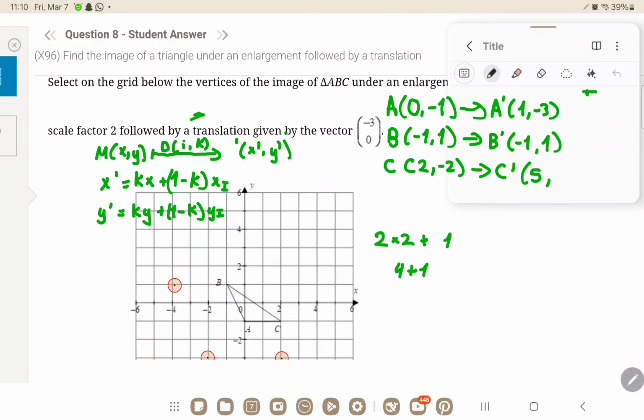Now y would be, our y is, sorry, negative 2, so negative 2 times 2, which means negative 4, plus negative 1 times 1, which is negative 1, so negative 4 minus 1, or plus negative 1, which is negative 5.